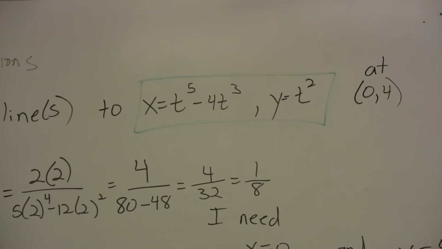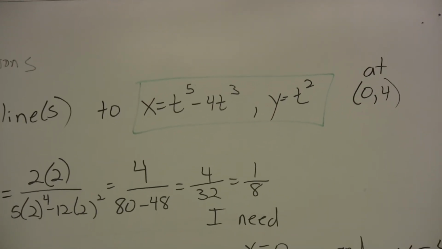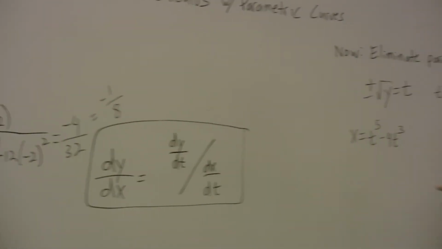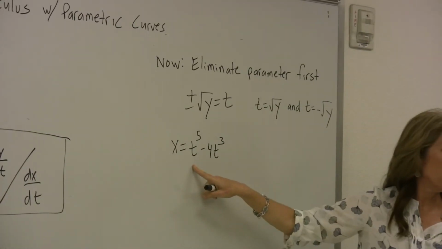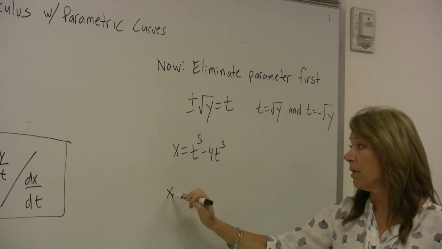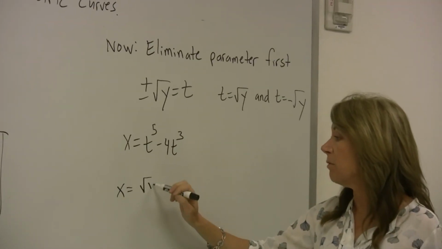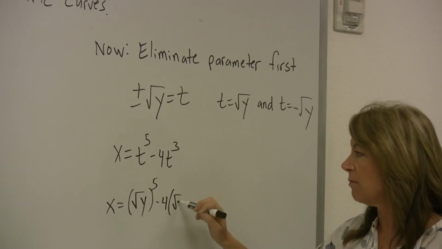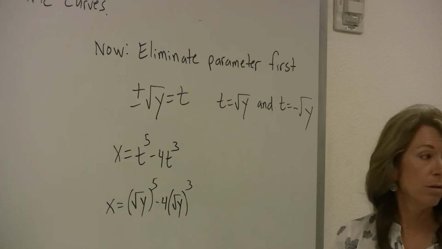What is it? t to the fifth minus 4t cubed? Is that right? Yeah. So I'm going to put that t in here. x equals square root of y to the fifth minus 4 times square root of y cubed.